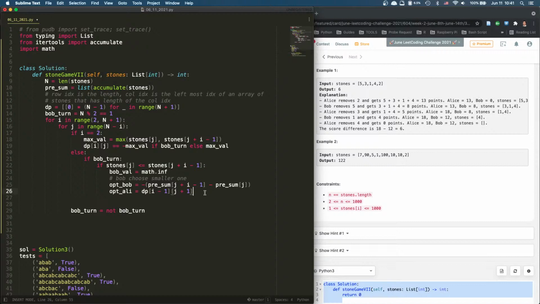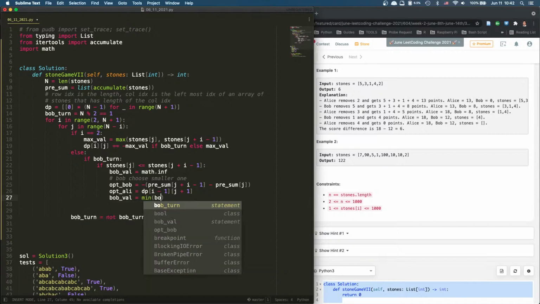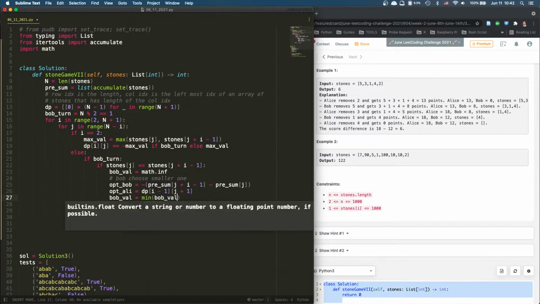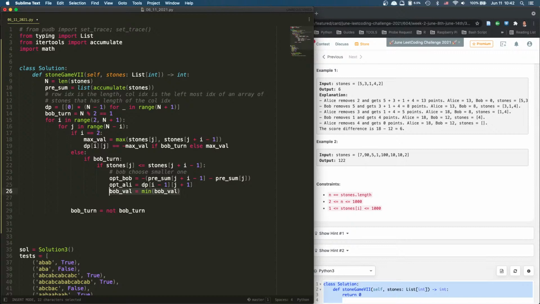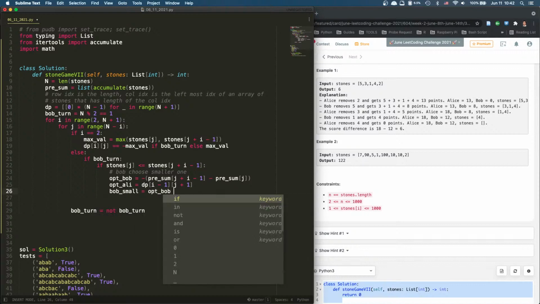So Bob val is this. Bob choose a smaller one, and then we say Bob val equals the minimum of Bob val. Now let's just say, it's complicated. So let's say Bob small equals optimal Bob plus optimal Alice.